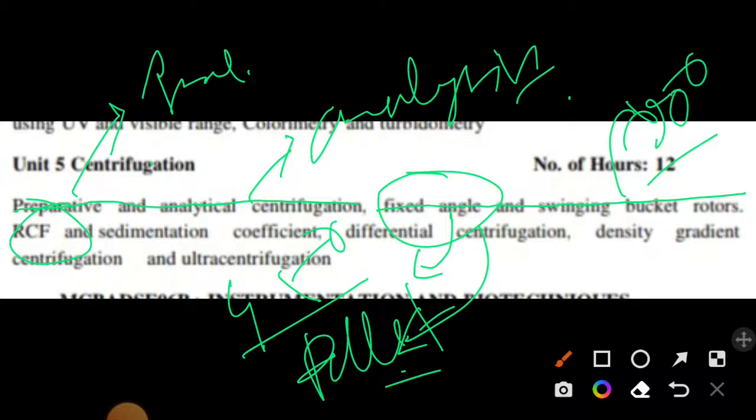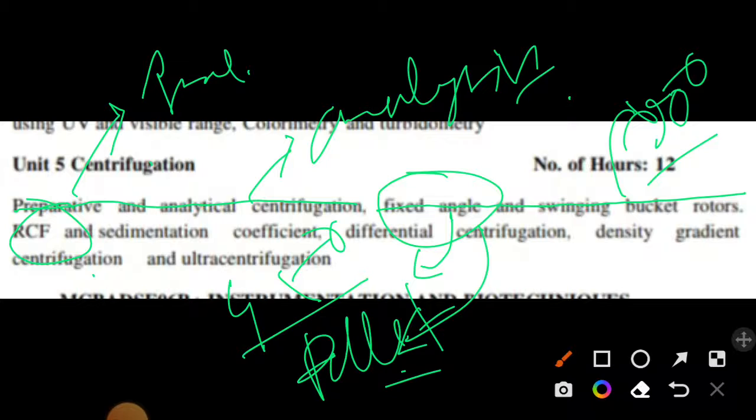Okay, because some of the particles may remain at the side, because the position of the particle is exactly opposite of the direction of the force. But in case of swinging bucket rotor, the position of the particles and the direction of the force are the same. That is why the force can help us to pellet all kinds of materials.